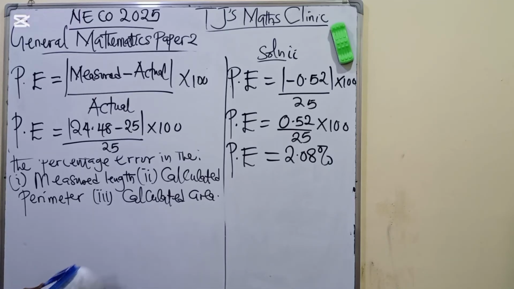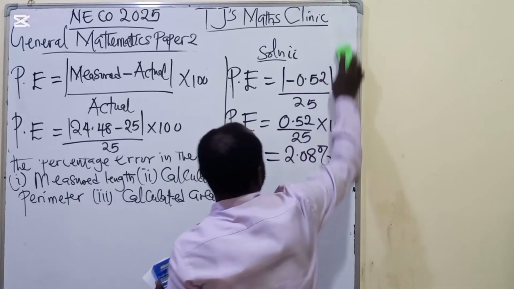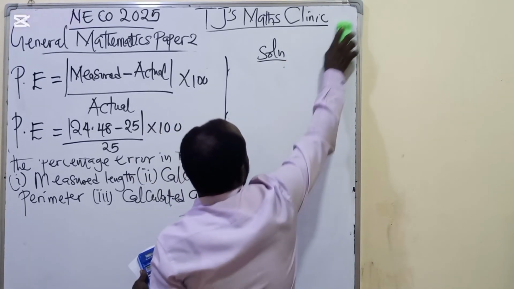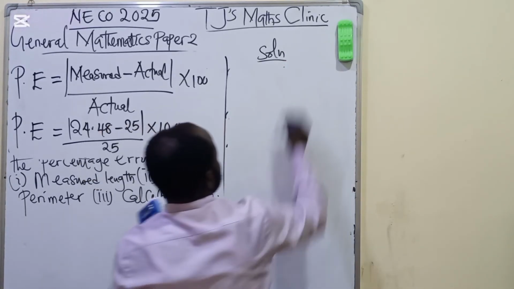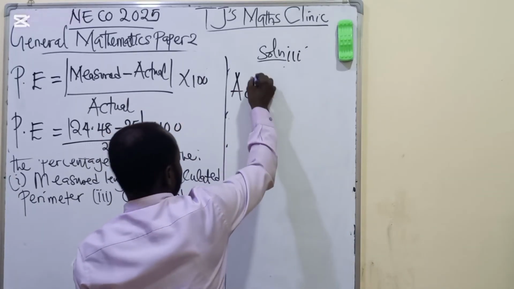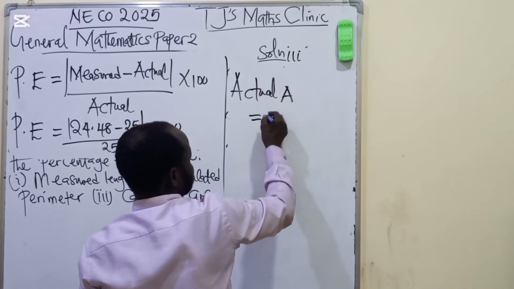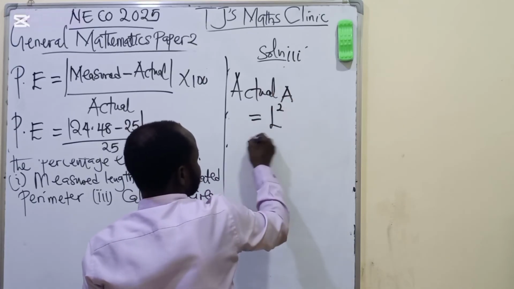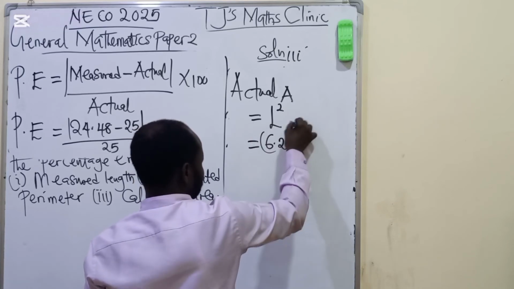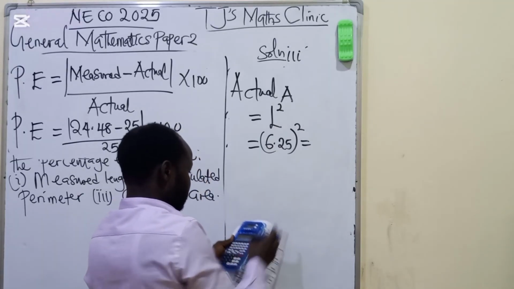Let's move to the last part, which is Roman numeral 3. That's the area. We have to find the area of the actual and the measured square. Very important. So the actual area A will be, area of a square is L squared. That will be 6.25 squared.